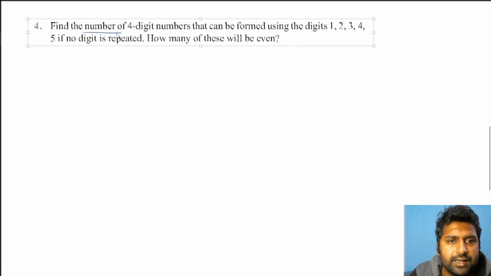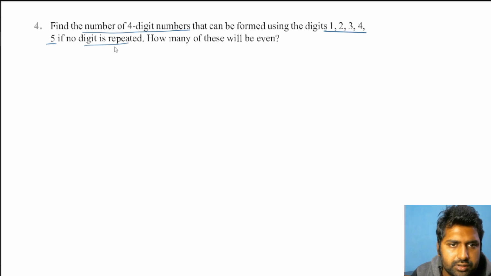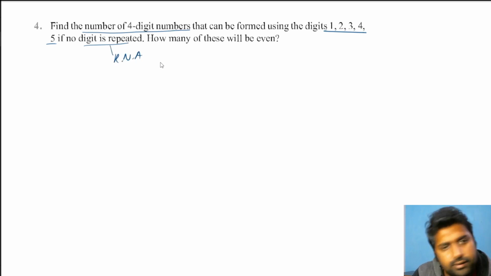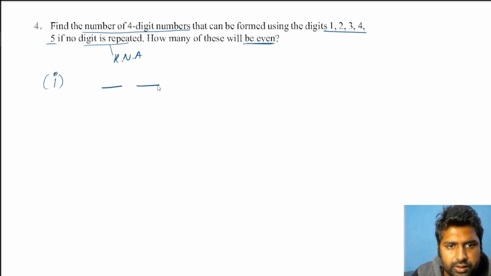Now this time again he is focusing on 4-digit numbers that can be formed using 1, 2, 3, 4, 5, with no repetition, no digit being repeated. First of all, he is asking this, and then asking the second part, how many are even. So first part, let's solve it. 4-digit number using the digits 1, 2, 3, 4, 5.